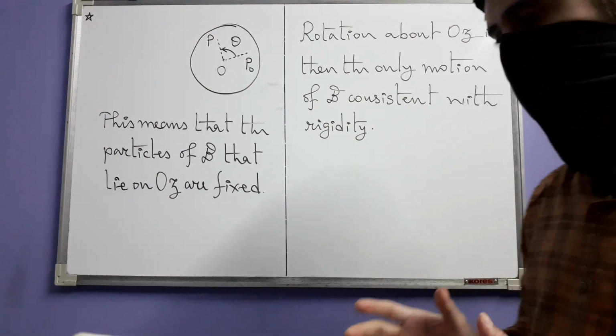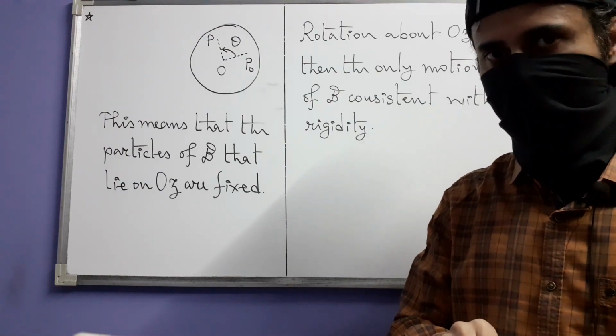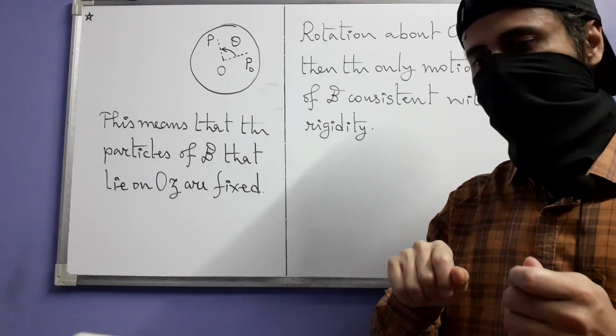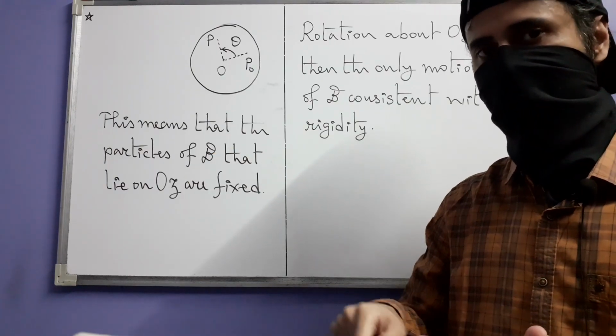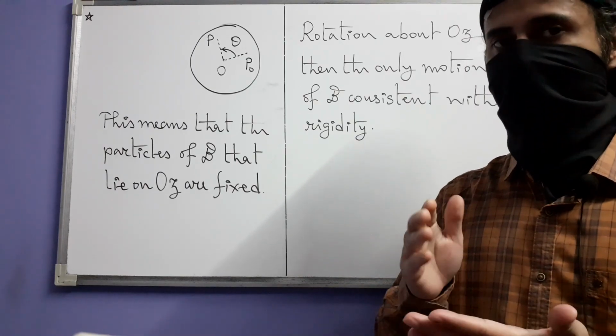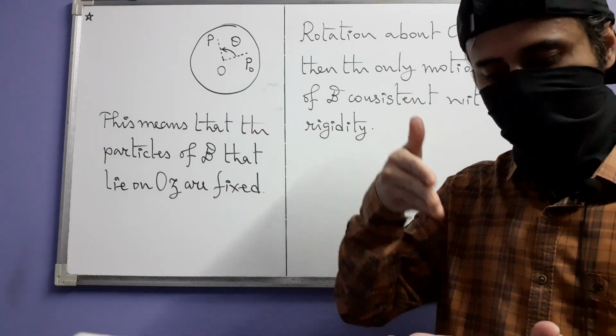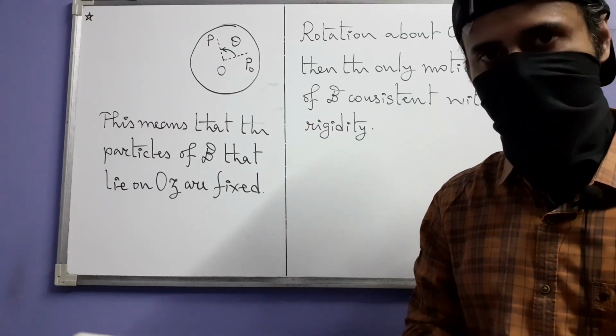What the author really means by this line is that if you look at a single particle of the rigid body, that particle cannot move this way or that way. It is constrained to rotate about that same axis of rotation in a circle, and the axis passes through the center of the circle and is perpendicular to the plane of the circle.